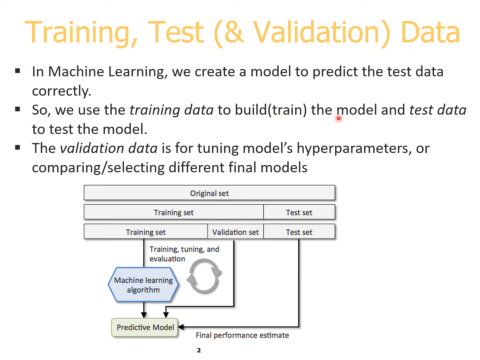That's the purpose of training data. Once the model is created, we use test data to test it. Sometimes this training data is divided into training data and validation data, and this validation data is used for tuning the parameters or selecting different models. That's the purpose of using validation data.